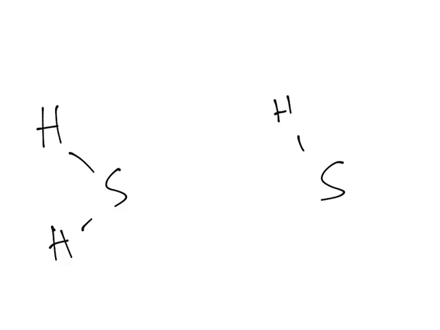So let's do an example. Let's say we have this molecule, two hydrogens and a sulfur, and it interacts with the same molecule. Now sulfur is not one of the elements that hydrogen can form a hydrogen bond with, so this cannot be called a hydrogen bond.